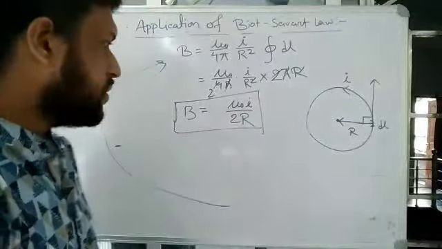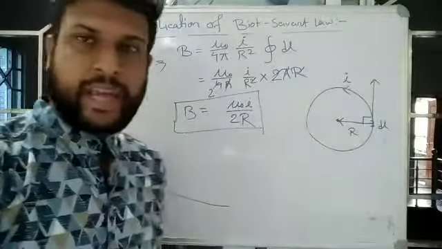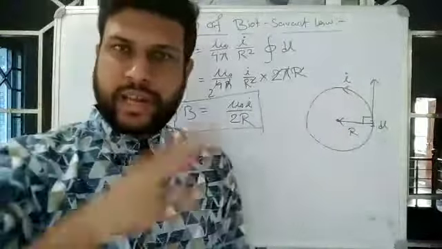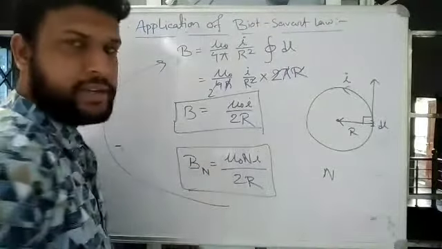Okay, so if suppose there are n number of turns, I am taking here one turn. Suppose many turns are there, n turns are there. So if there are more than one turn, the magnetic field for n turns will be simply n times. The turn number is multiplied.